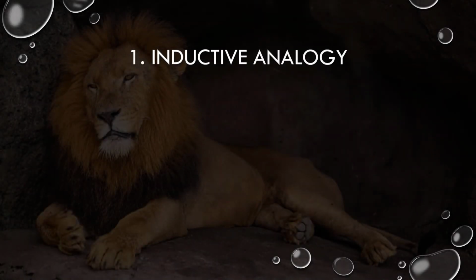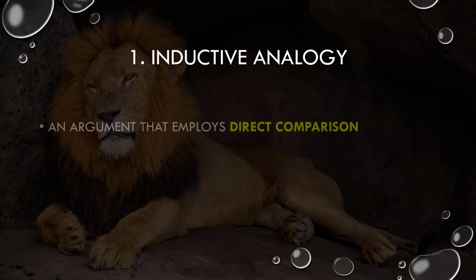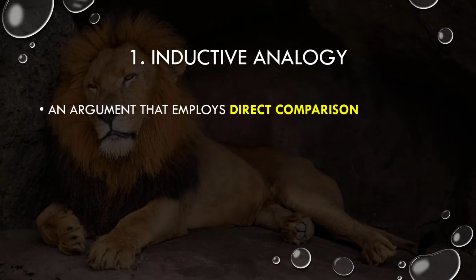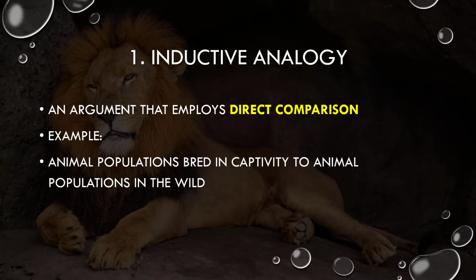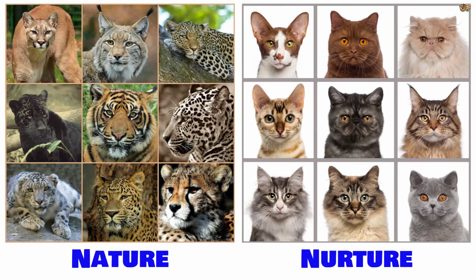So let's take each of these in turn to see how they actually work, starting with the inductive analogy, which is an argument that employs direct comparison. As an example, let's take populations of animals bred in captivity to animals that are found in the wild. Those two populations are alike insofar as those born in the wild exhibit unique combinations of physical traits, much like those that are found in selective breeding.